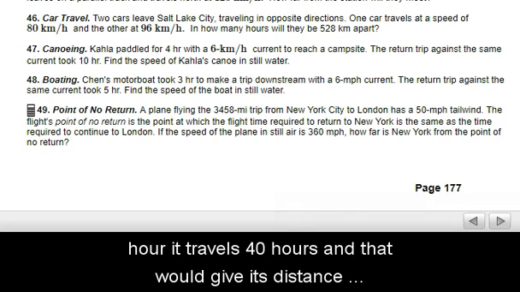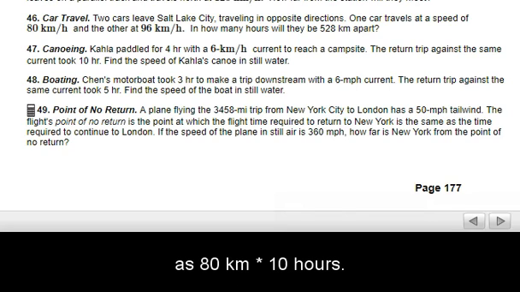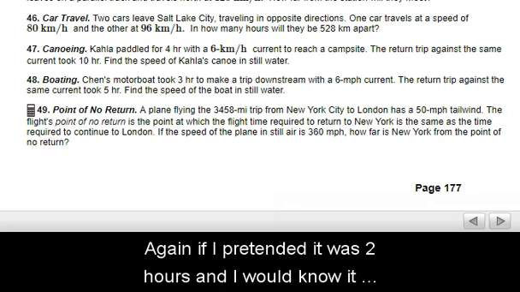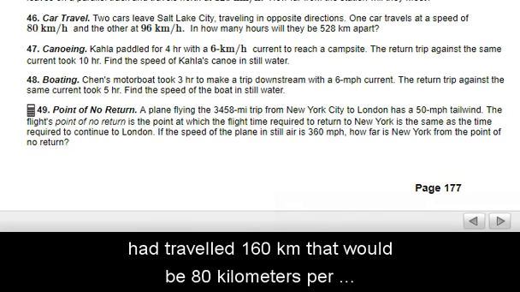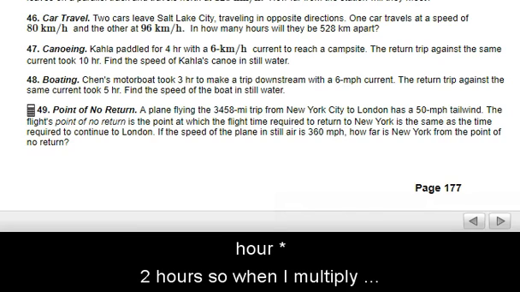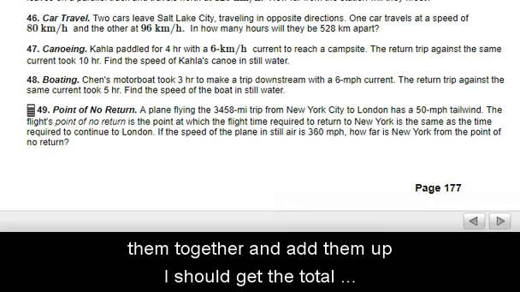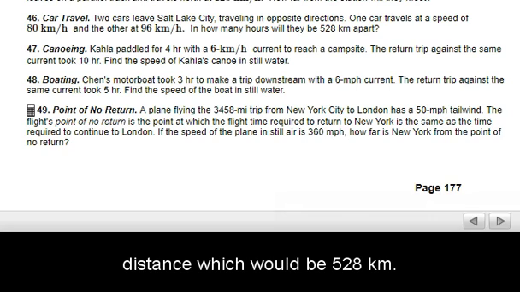It travels for T hours, and that would give its distance as 80 kilometers times T hours. Again, if I pretended it was 2 hours, then I would know it had traveled 160 kilometers. That would be 80 kilometers per hour times 2 hours. So when I multiply them together and add them up, I should get the total distance, which would be 528 kilometers.